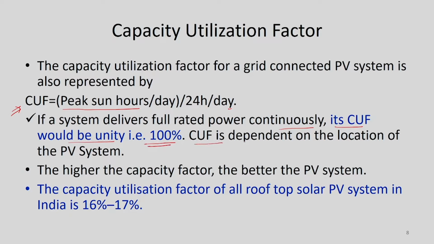Capacity utilization factor depends on the location of the PV system. The higher the capacity utilization factor, the better the PV system. The capacity utilization factor of all rooftop PV systems in India is between 16 to 17%. This you should keep in mind.